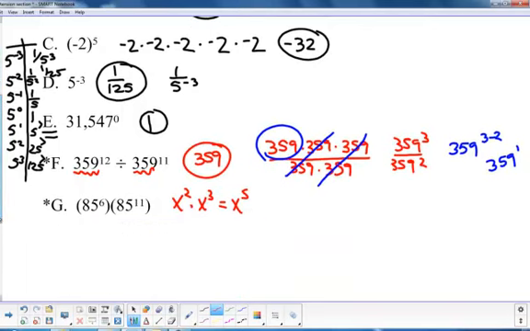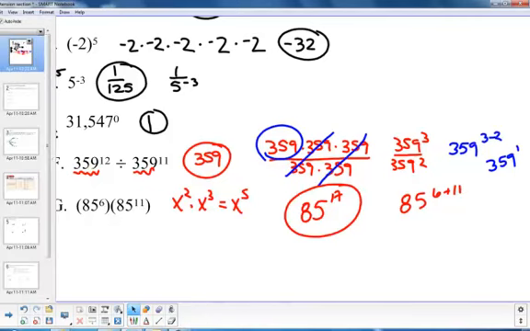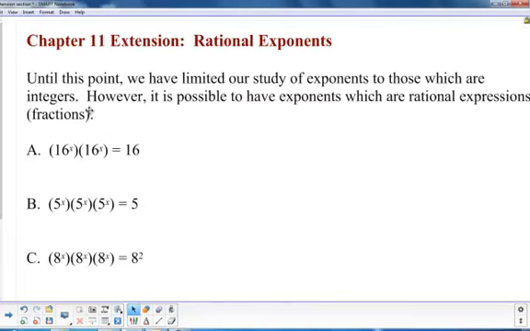So 85 to the 6th times 85 to the 11th means we actually have 17 85s. We're adding the 6 plus the 11 to get 17. All right, so if we have 16 to the x times 16 to the x, that would be 16 to the 2x, because x plus x is 2x.